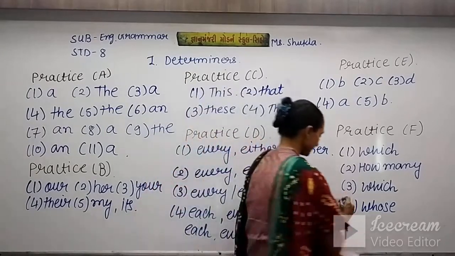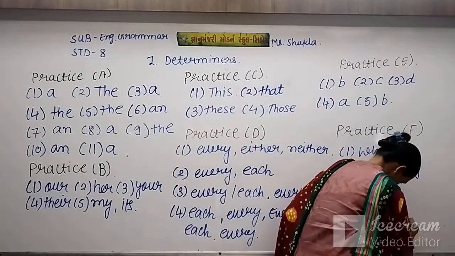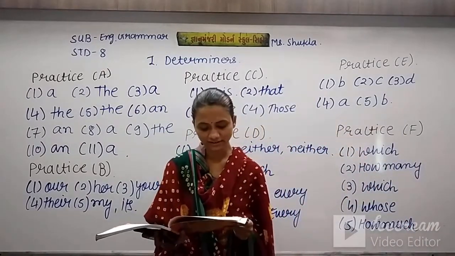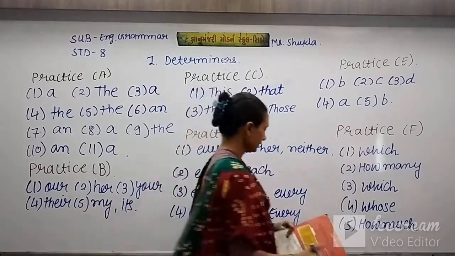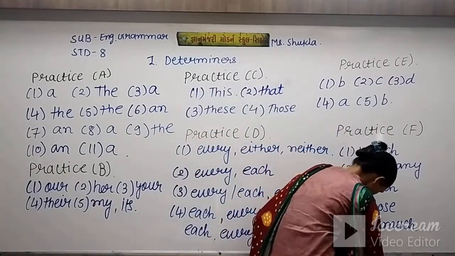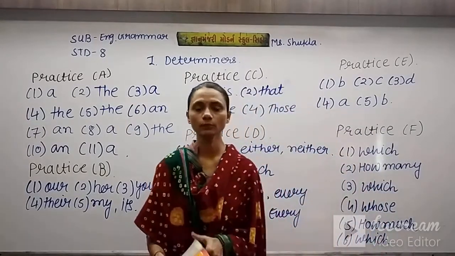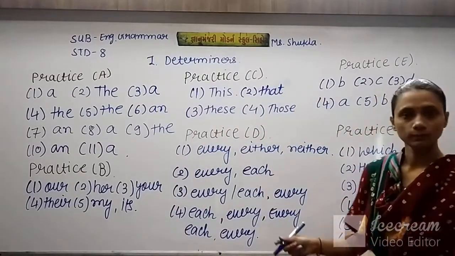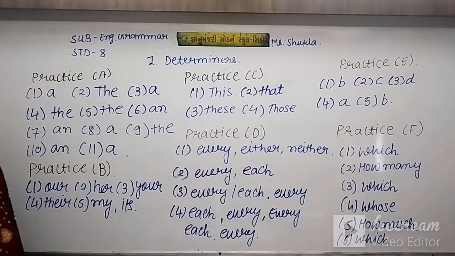How much? And number 6, blank country does the tennis star Roger Federer play for? Which country? So this is the whole practice exercise from A to F. Please note down this, you have enough time. Please students note down this.